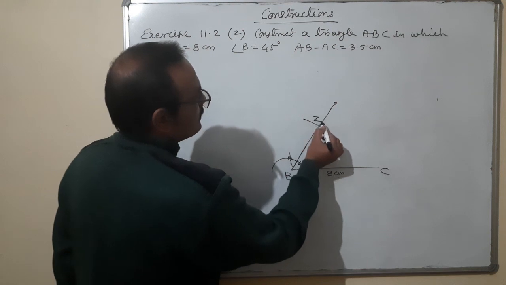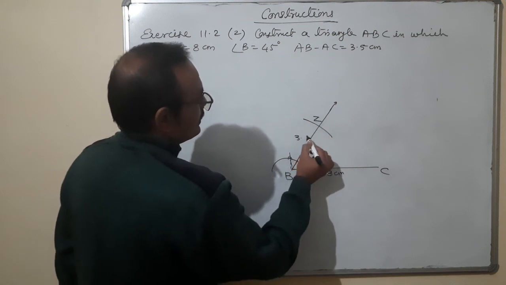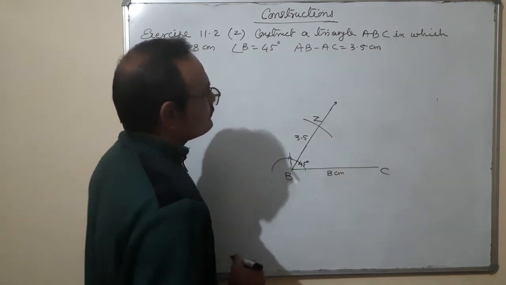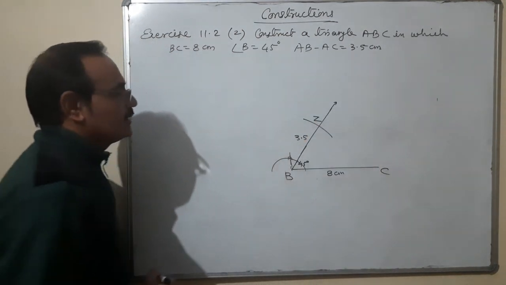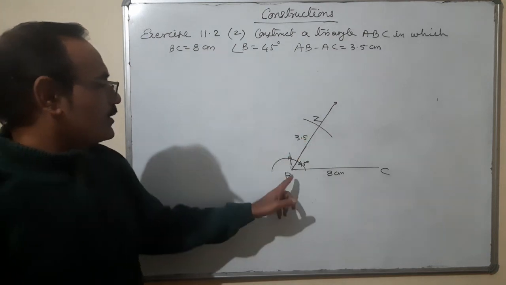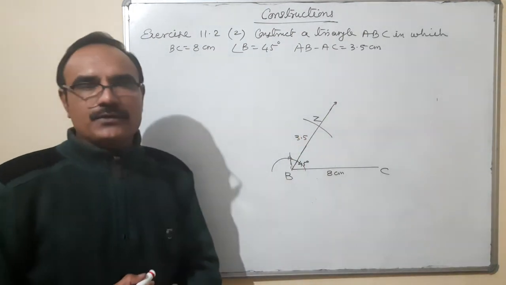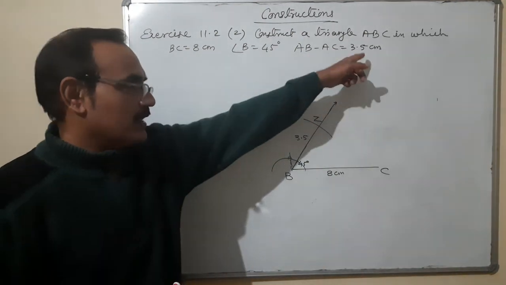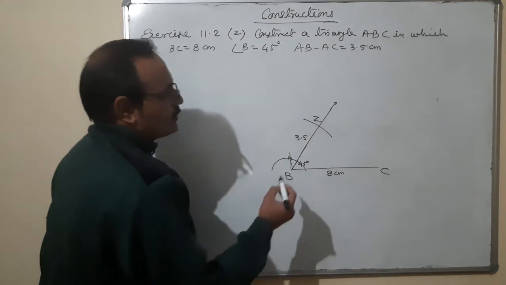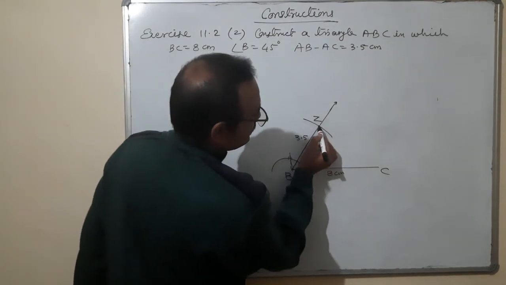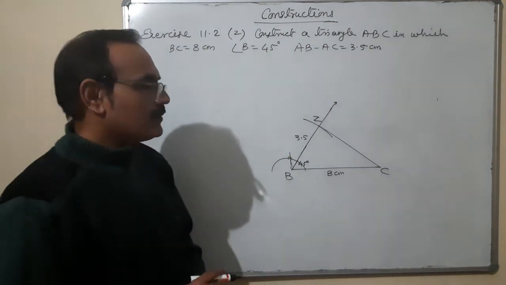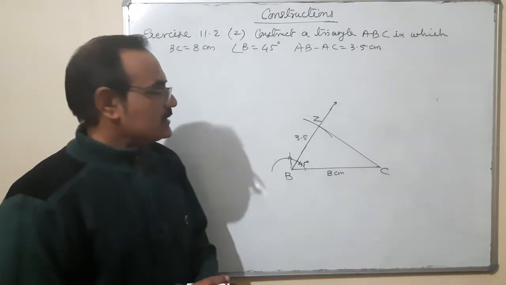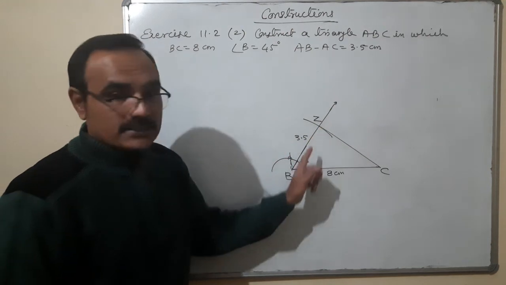Suppose it is Z. We can extend the ray, and BZ is equal to 3.5, the difference AB minus AC. Join Z to C. Now we are going to draw the perpendicular bisector of ZC, not ZB.